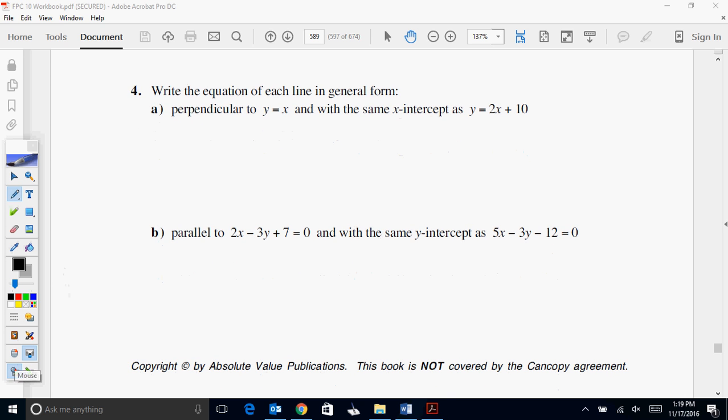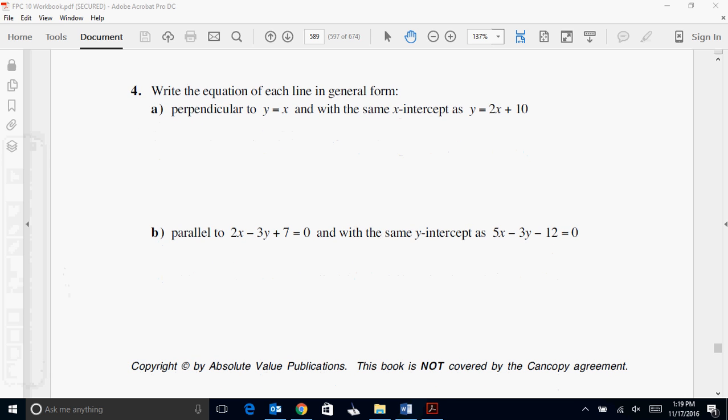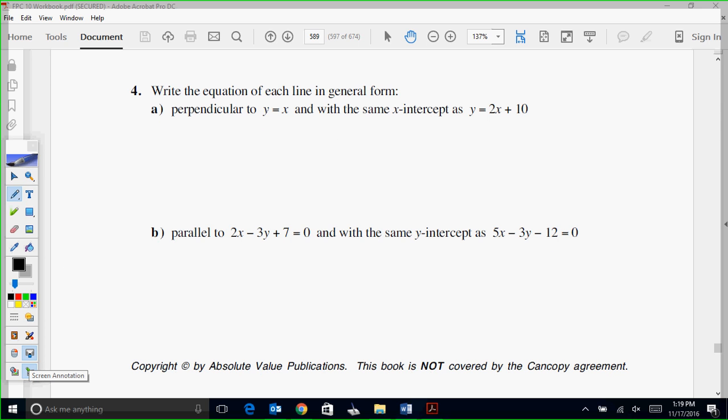Okay. So this one, perpendicular to y equals x. It's kind of tricky. What's the slope of y equals x? One. Nothing's in front. It's a 1. What's 1 flipped and changed sign? -1. Tricky, huh? So this one would be a slope would be -1 for perpendicular. 1's tricky because when you flip 1, it's still 1.